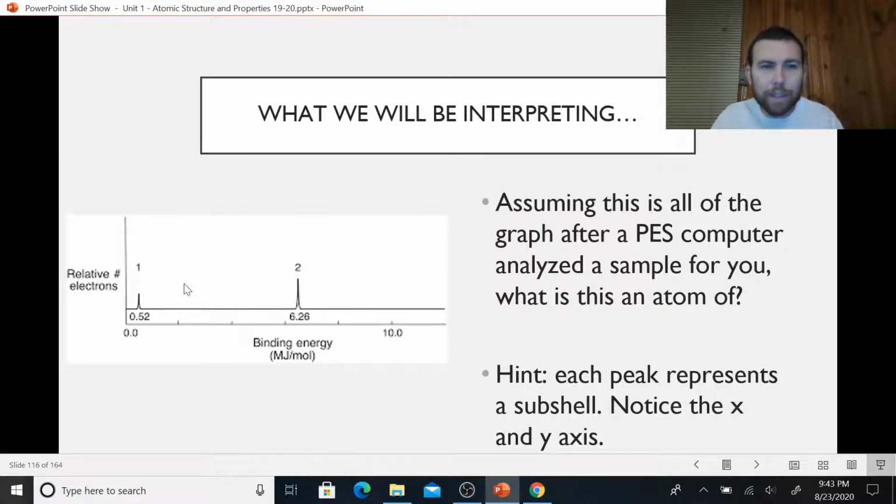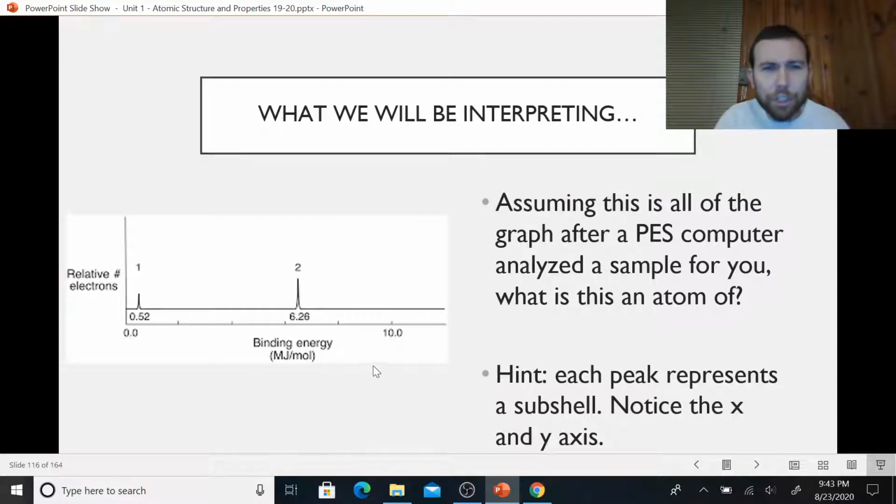Now, when we look at this, this is a taller peak than this one. This is telling us there are 2 electrons here, 1 electron here, so that's a total of 3. So, if this is what our PES computer analyzed from our sample, what element is this? Hopefully you guessed lithium, because it's got 3 electrons.